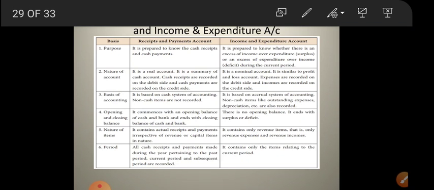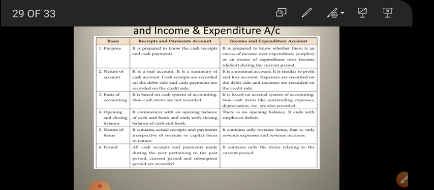But purchase of building, sale of building, these are capital items. These are capital expenditure, meaning we don't purchase or sell a building repetitively. But when we say salary paid, it means the salary we pay every month, so it is of repetitive nature. Salary paid is a revenue item, so we include it in the income and expenditure account.